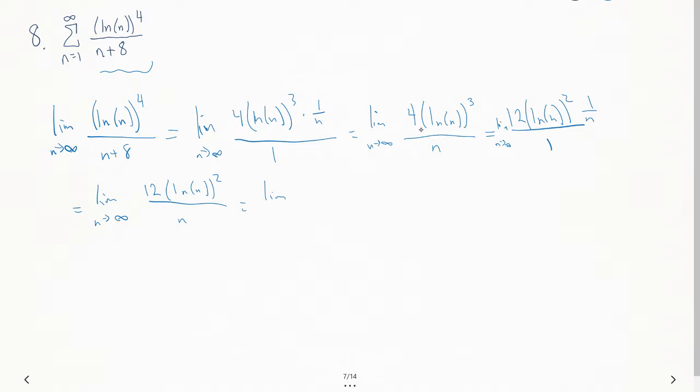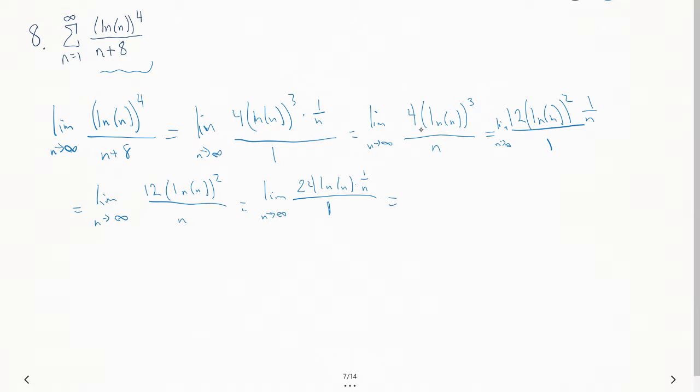So notice all I'm doing is testing for divergence right away. Actually, you'll find that this one isn't going to give us a nice roundabout answer, but that's okay. So this is 24 natural log of n times 1 over n, all over 1.